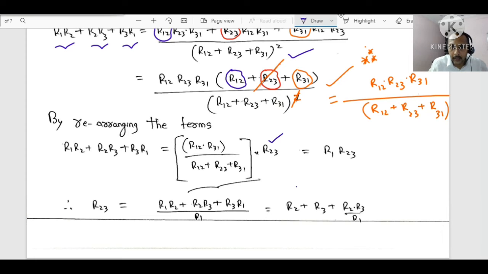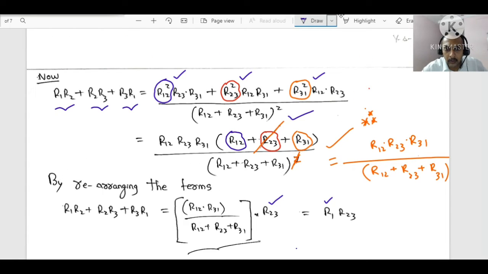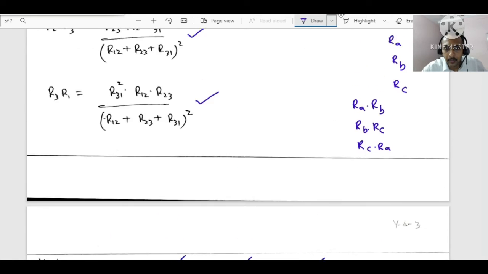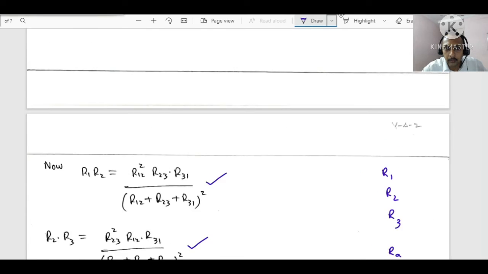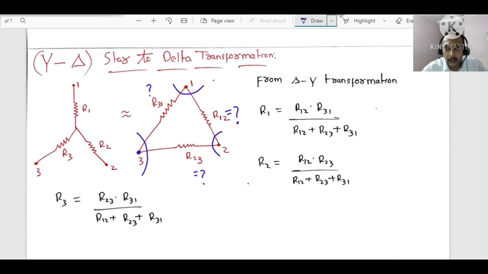But if you recollect, what is R1, dear students? From the delta to star transformation we have seen. Observe R1. Now I will show you slowly. Observe, R1 is R12 into R31 divided by R12 plus R23 plus R31.